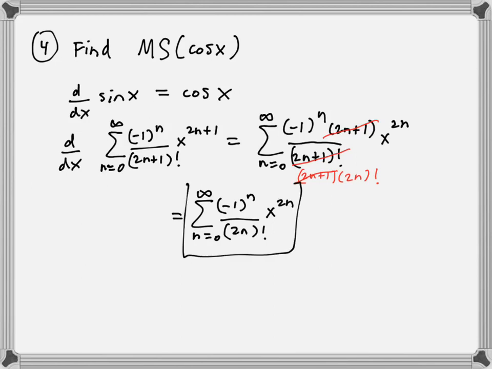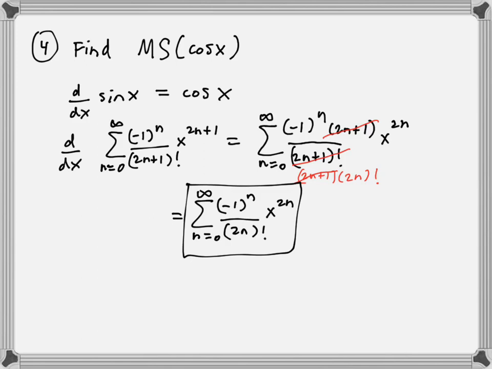We're left with this. So interestingly enough, cosine has only even powers and factorials left, and sine has only odd powers and factorials left.